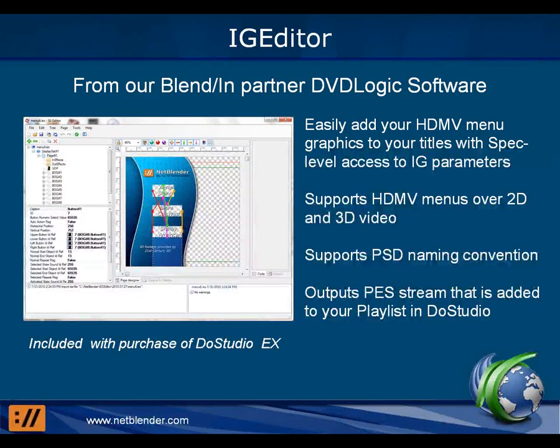The IG editor does support the Dostudio Photoshop naming convention, so your same PSDs that you have been using can be imported directly into the IG editor, and your menu system will be set up automatically for you. You will add the command sequences directly to the items in the IG editor, and then you output a PES stream. There's a simple export feature, and that is what gets imported into Dostudio.